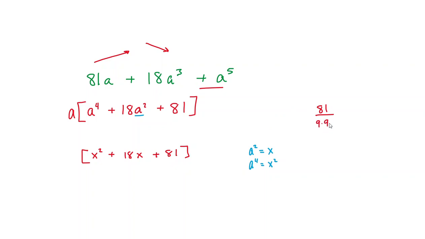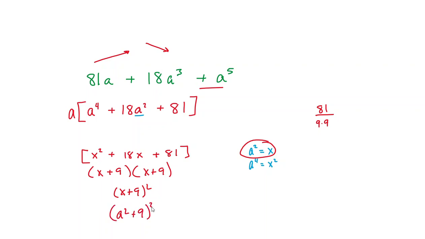And eventually we'll find it's 9 times 9, so this is x plus 9 times x plus 9, which is x plus 9 squared. But then remember, x is our code for a squared, so it's really a squared plus 9 squared, and then of course don't forget the common factor of a, and so there's my answer.